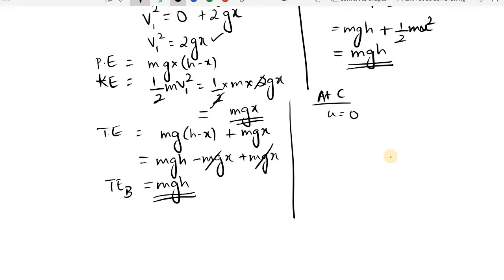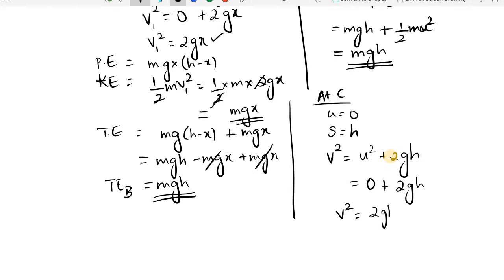Now the distance it has traveled is h, and so now the velocity at this point is v squared is equal to u squared plus 2gh, which is nothing but 0 plus 2gh, or v squared equals 2gh.